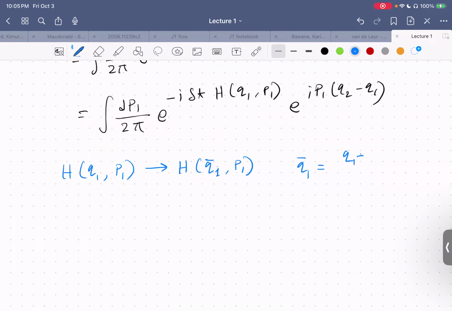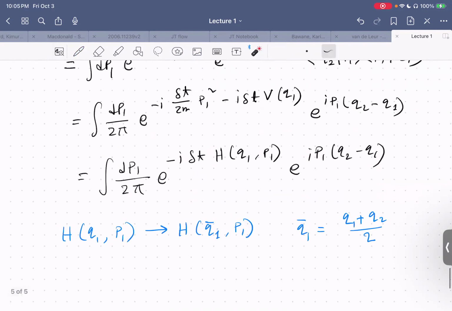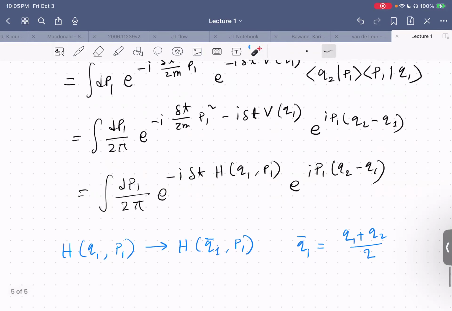It's just the average, Q1 plus Q2 over 2. Now if I replace my Hamiltonian with this expression, then it's symmetric by construction. Well, okay, then you can complain that this is not exactly what we derived. We derived this, so is it okay to replace this with this?